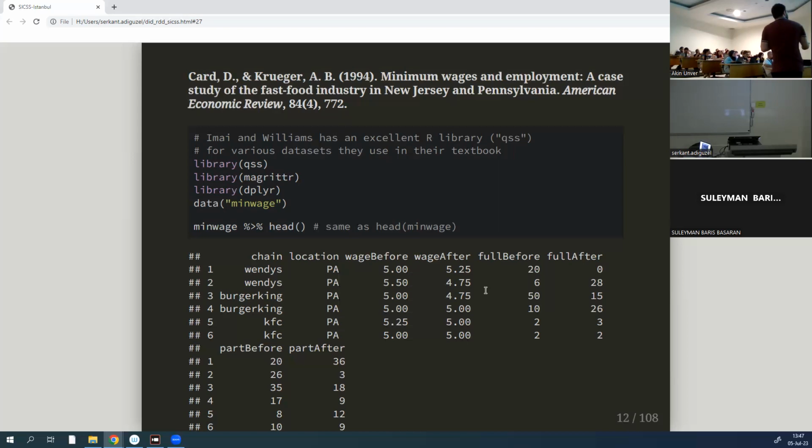So if this doesn't work, you might not have the data. You can declare the source. If you just do comma and then source, there's an option that should tell R that this is coming from QSS. Just do question mark data. You'll see the options in the help section as well.